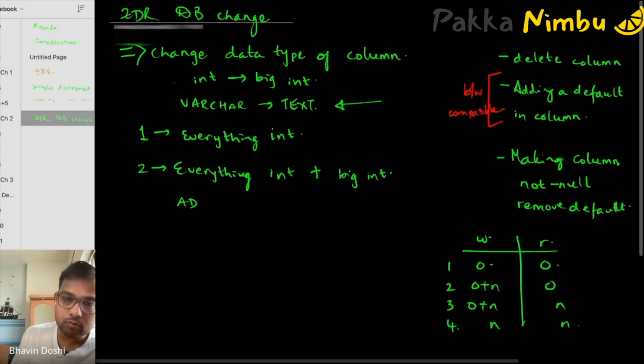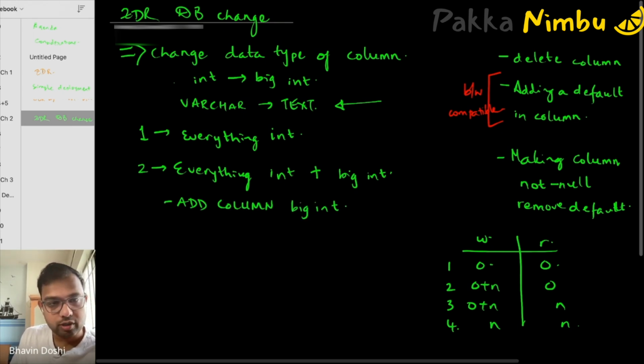You add a column bigint to the table. That's one change. In your ORM layer in the application, you need to ensure that whenever people are passing int, the ORM which is handling your object will copy that int to the bigint attribute.